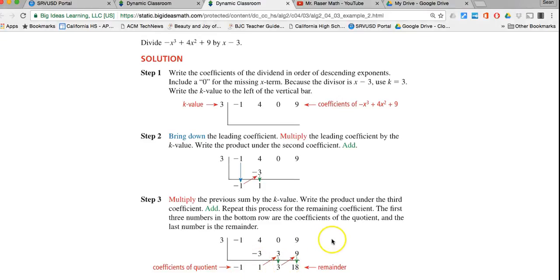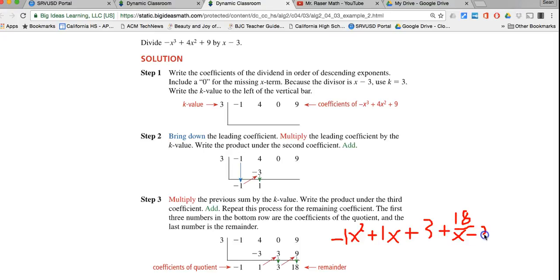So we're going to have negative 1 times x squared, plus, we have a 1 here, so it's going to be plus 1 times x. We have a 3 here, so it's going to be plus 3. And this means we have a remainder here, so it's going to be plus 18 over whatever our divisor was, x minus 3.